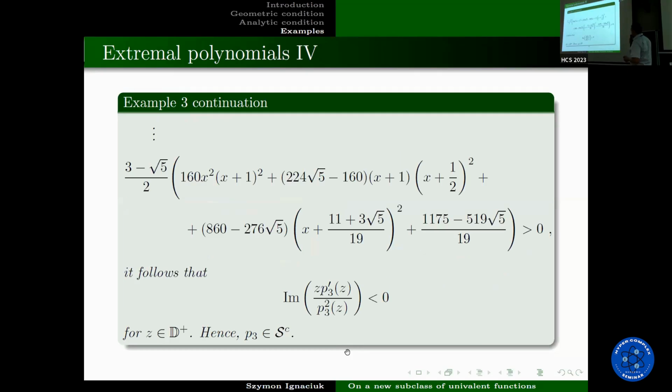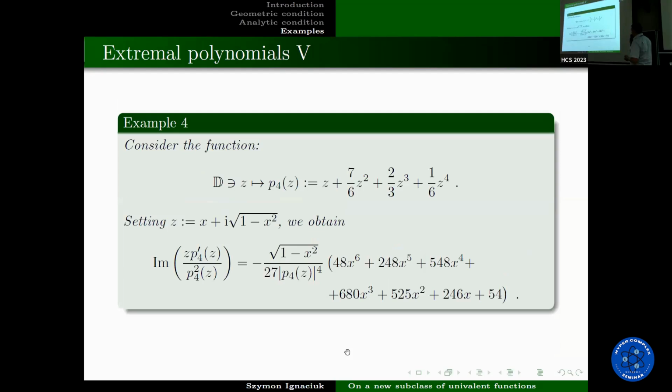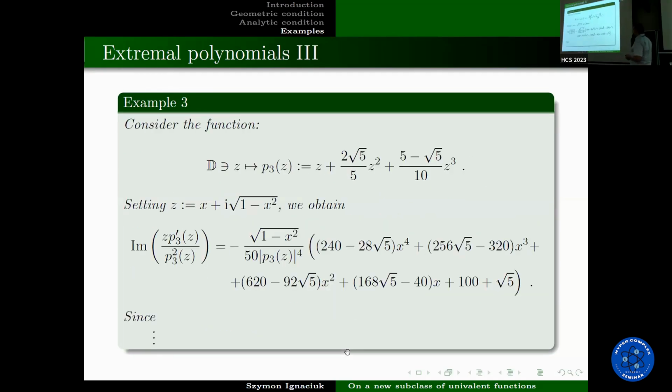I only put here sketches of proofs to show you one thing. First of all, we didn't come up with any sophisticated way to show that these polynomials belong to our class.